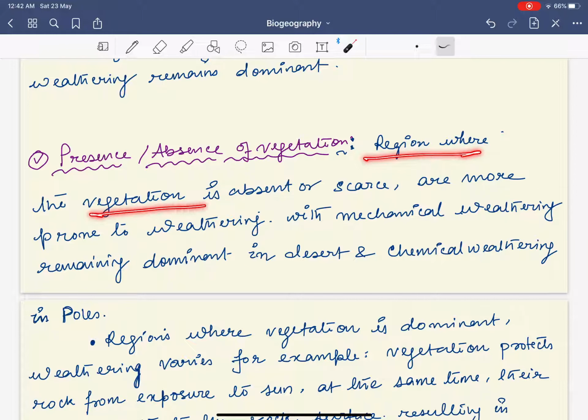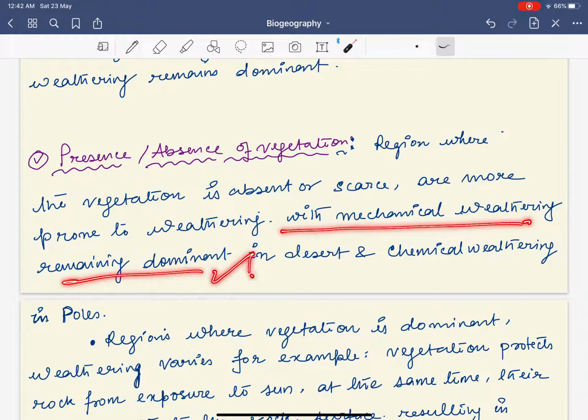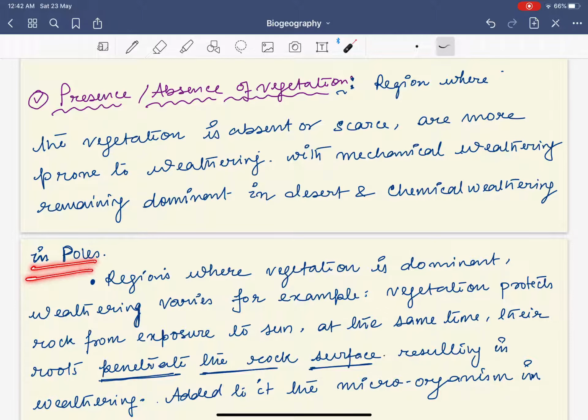Regions where the vegetation is absent or scarce are more prone to weathering. This is obvious because, especially in desert regions, the vegetation is very low, hence it cannot obstruct the incoming rainfall or the incoming sunlight. Hence mechanical weathering remains dominant, especially in your desert, and chemical weathering remains in your pole.